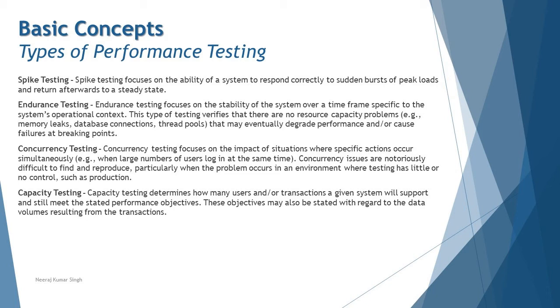The other one is endurance, where we talk about a number of users, or maybe any particular count of users, but not working simultaneously. Instead, they work for a continuous period of time. That means initially 5 users log in, but they don't log out, and another 5 users log in. So people are logging in but not logging out, and at certain intervals of time people are continuously logging into the system.